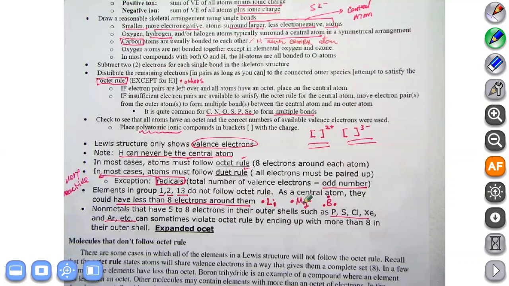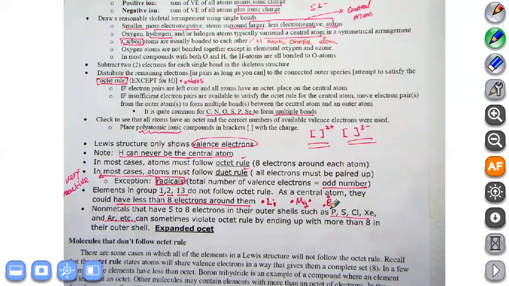Magnesium would have 2 valence electrons, so when they pair up, at the most, magnesium would be surrounded by 4 electrons. Similarly, boron has 3 valence electrons. When they all pair up, at the most, boron would be surrounded by 6 valence electrons, not 8. So there are lots of exceptions.